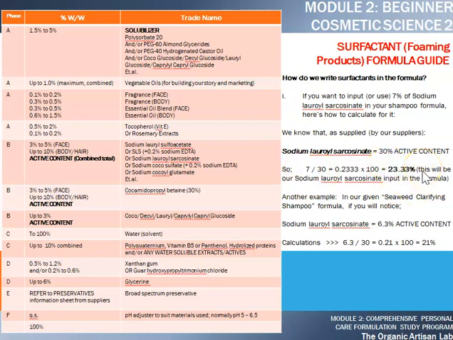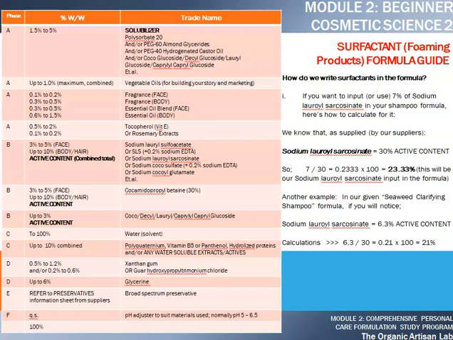You will have an input of 23.33% of sodium lauryl sarcosinate, which will give you 7% of total active content in the formula. So meaning you only have 7% active sodium lauryl sarcosinate in the hair wash formula.